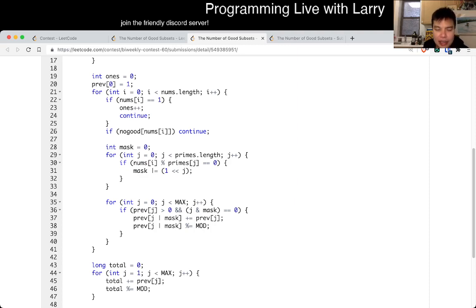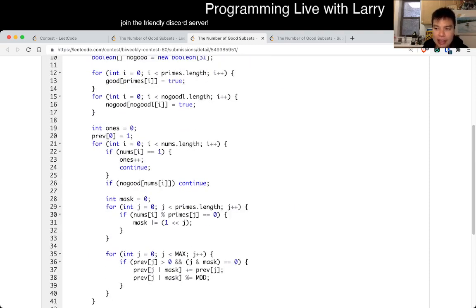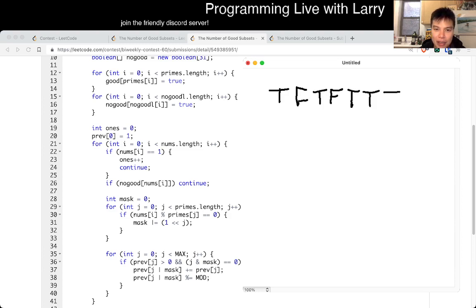And there are a couple of cases that you have to consider. But basically the idea is that, okay, let me pull up Paint real quick so that I can draw some things for you. Basically the idea is that a bitmask is just a T/F Boolean lookup thing, right? So then here, the idea about my bitmask is that, okay, let's say this is your previous state, and I'm too lazy to draw out all the numbers.